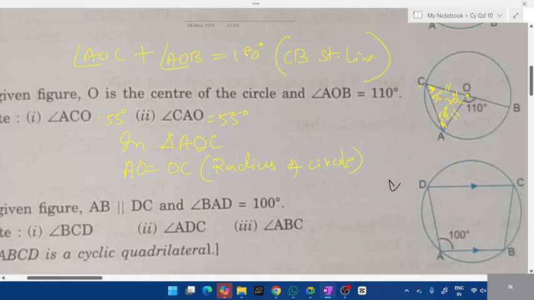Whatever I explained, write that. Angle A is equal to angle C. Take it as X. Then apply the sum of interior angles of a triangle: 180 minus 70 is 110. 110 divided by 2 is 55 degrees.